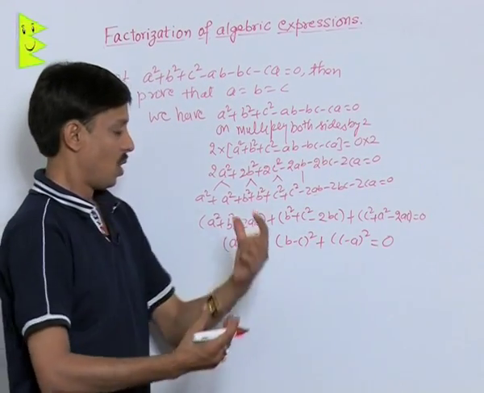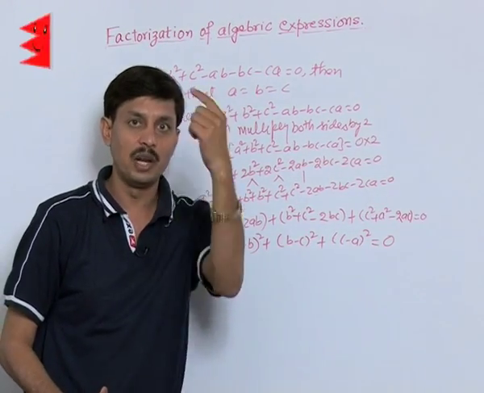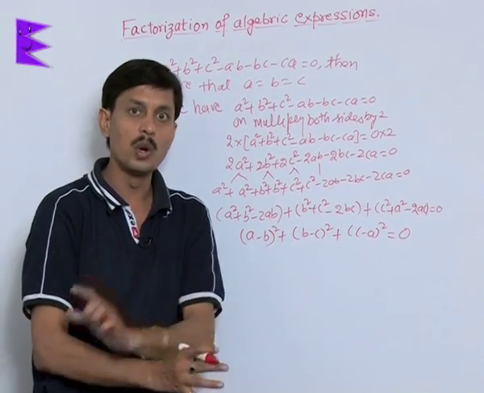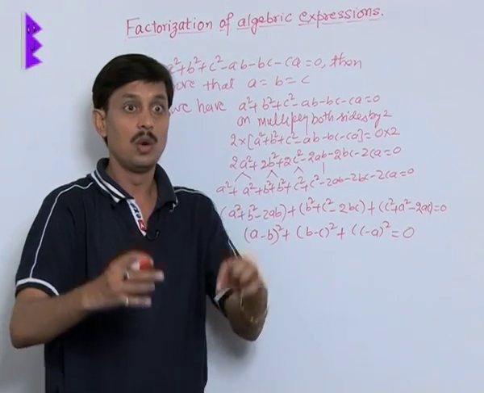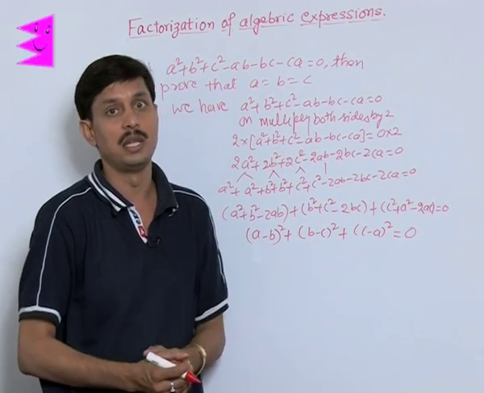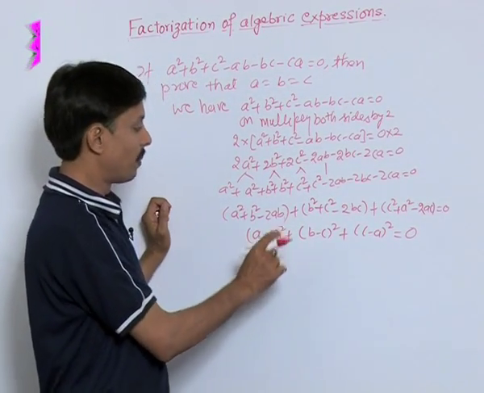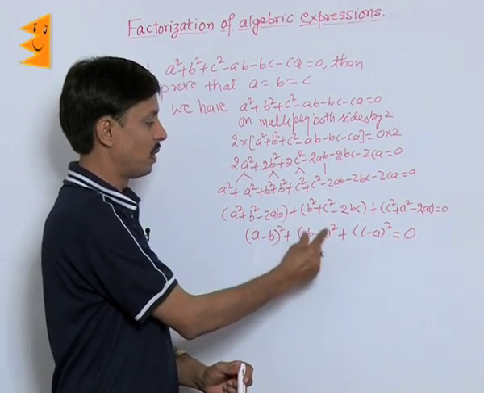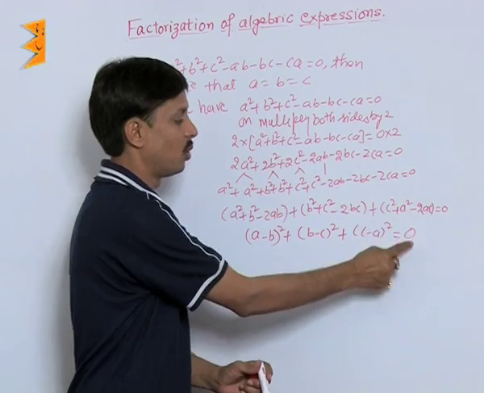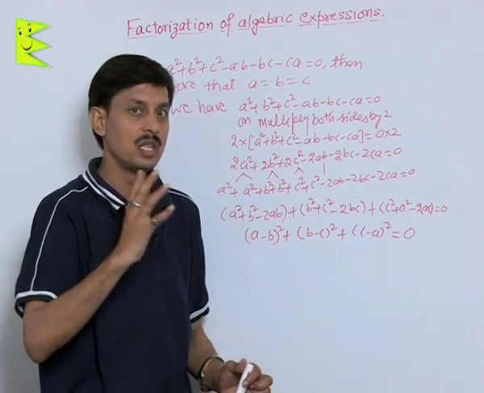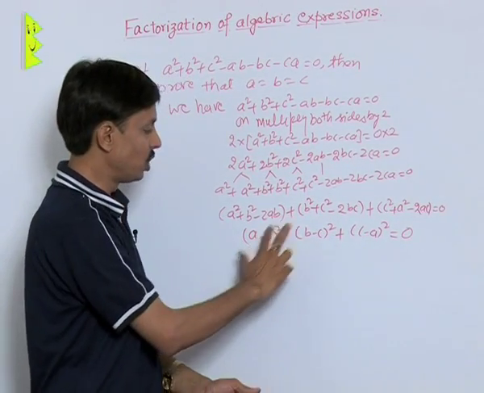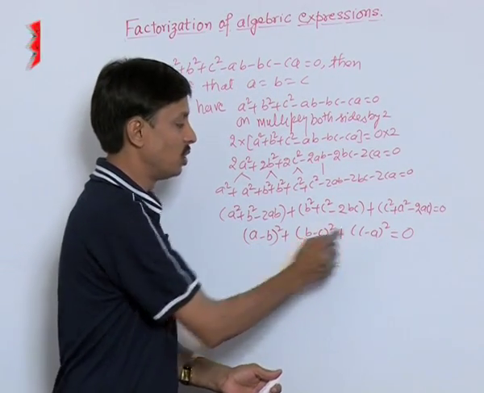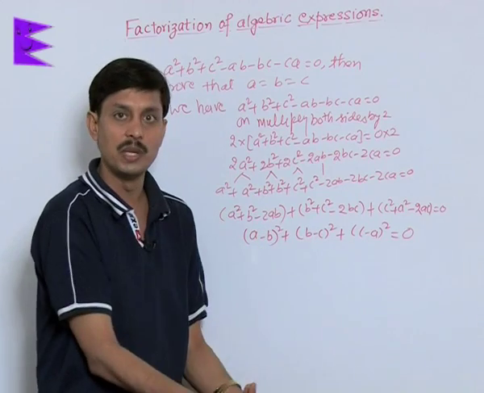Whole square is always positive, and the least value of a whole square in the real number system is 0. No real number is possible whose whole square can be less than 0. So the sum of squares of three values, a minus b whole square, b minus c whole square, c minus a whole square, is 0. So this implies this is 0, this is 0, and this is 0, because if these are not zeros, then their sum cannot be 0.